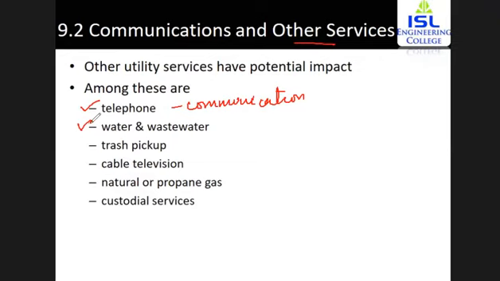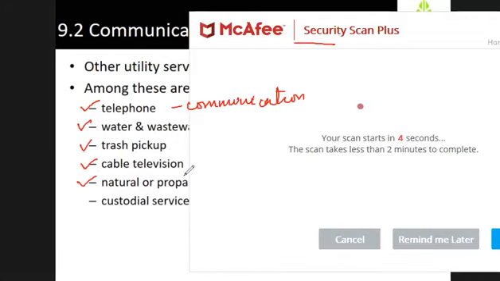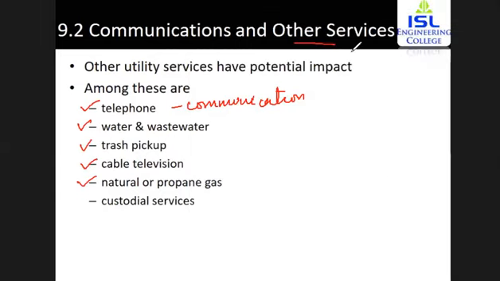People will not be willing to work in that particular organization because it is going to have an impact on the entire ambience of the organization. Then trash pickups, people that are responsible for picking up trash: if that facility is not there, again the ambience of the organization is going to go down. Cable television, natural or propane gas that can be used for kitchens. Then custodial service.